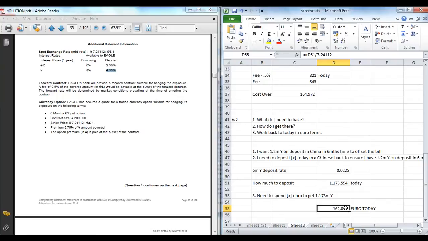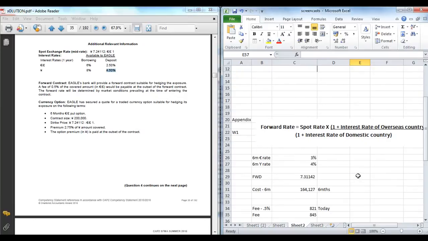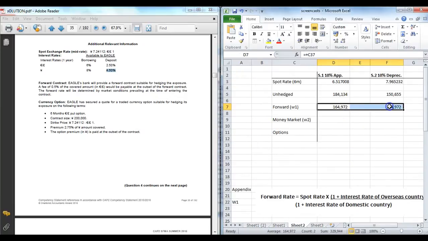And that's essentially how you work back on your money market. Start with what you need to have to completely offset your foreign exchange exposure, then work out what you need to do, working all the way back to euros today. And of course, the final little trick is that's only in euros today, and you need to work forward for 6 months to compare like for like, because these figures are cash outflows in 6 months' time.